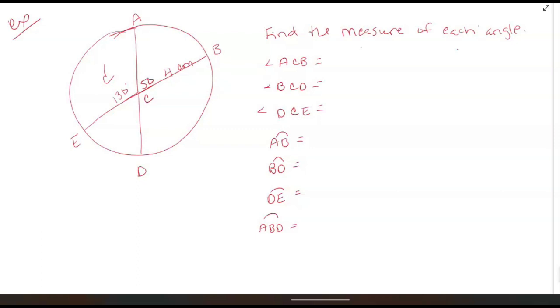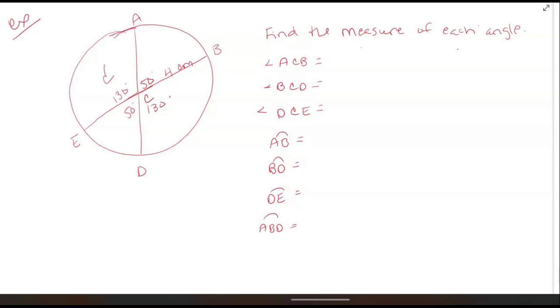So that means that this angle has to be 50 degrees. And similarly, angle ACB forms a linear pair with BCD, which means this angle has to be 130. And of course, both those 130 degree angles form a linear pair with angle DCE.